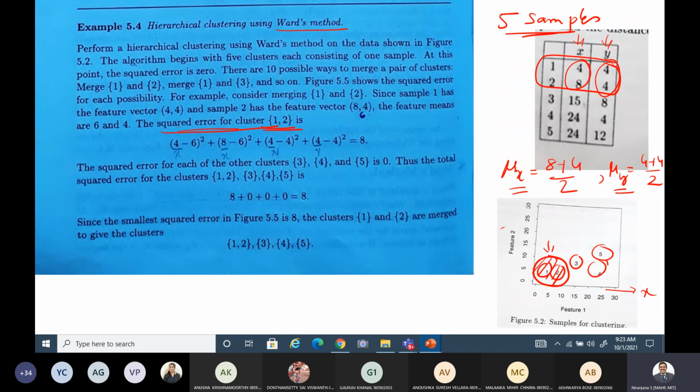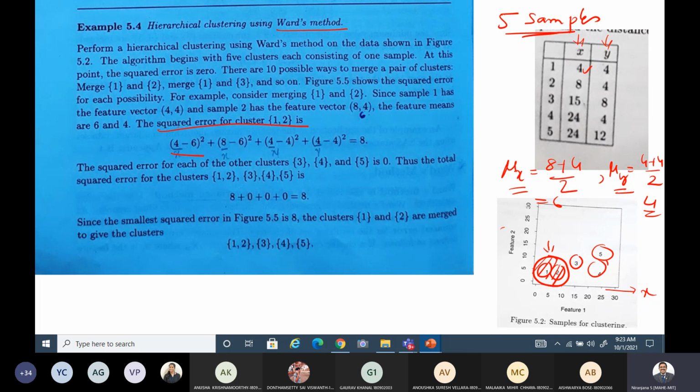So once I get the mean for x as 6 and y as 4, now I can calculate the squared error for the cluster having sample 1, 2. 4 minus 6 whole square, because this is the first feature. With respect to each feature, how far is it from its mean?